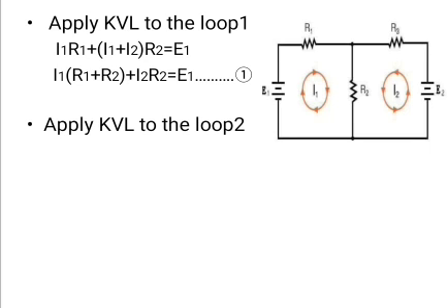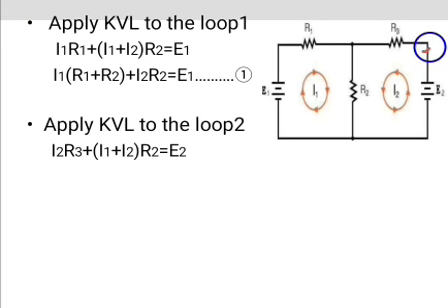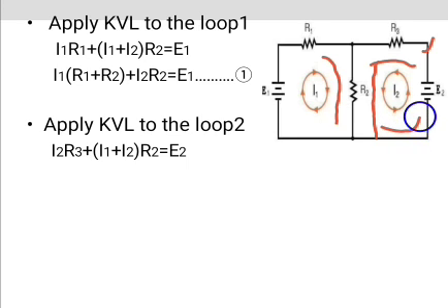Say equation 1. Apply KVL to loop 2. I2 into R3, that means I am starting from this point. The current I2 is flowing like this. I2 into R3 plus (I2 plus I1), I1 meaning the current flowing in mesh 1, loop 1, into R2 equals E2.